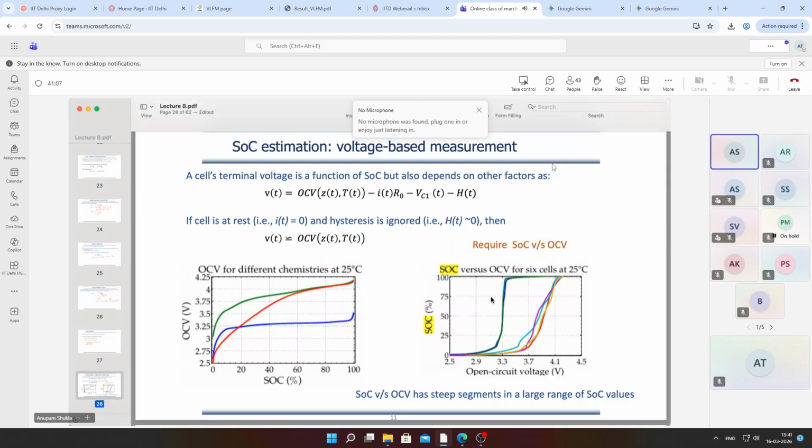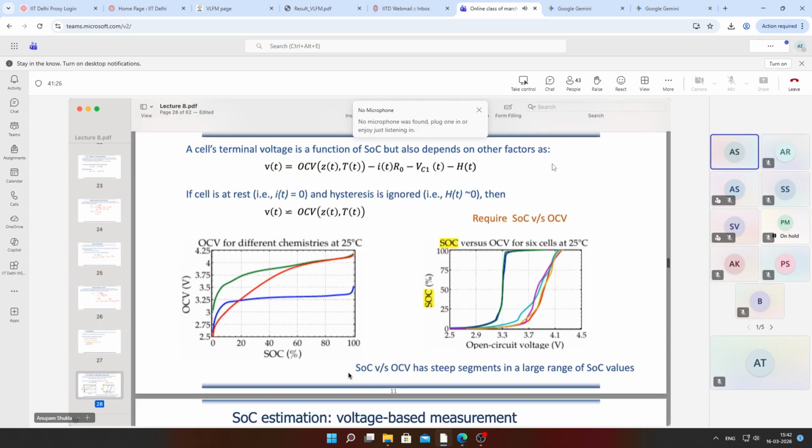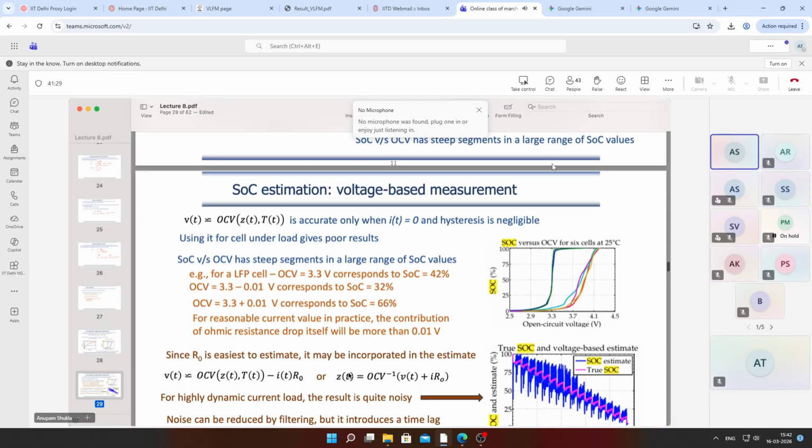The extreme situation is shown by the blue graph here. But then you have similar kinds of steep rises in SOC for very small change in the voltage. That is going to present a problem when we use voltage measurements for SOC estimation. Just to show how it creates a problem, consider this. This is for an LFP cell.